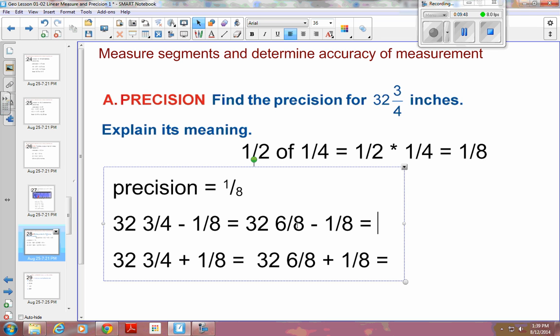Okay, so 32 and 6/8 minus 1/8, 6 minus 1 is 5, so this is 32 and 5/8. And this is 6 plus 1, so this is 32 and 7/8.